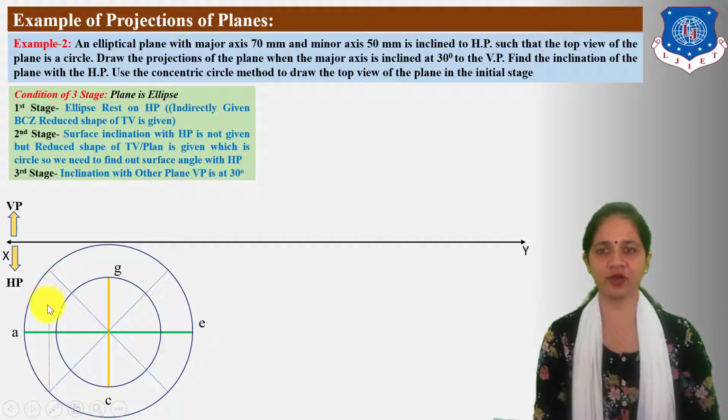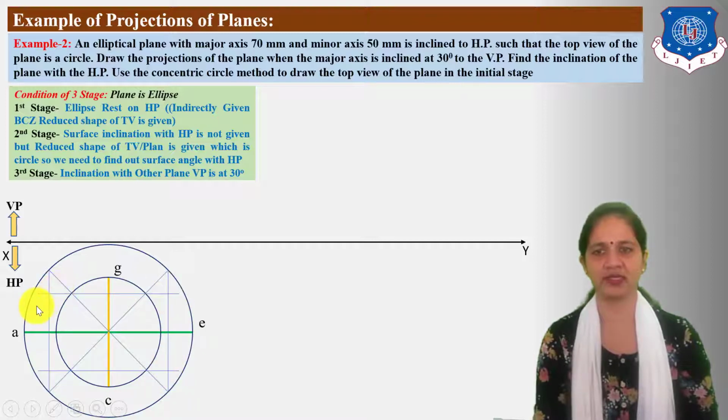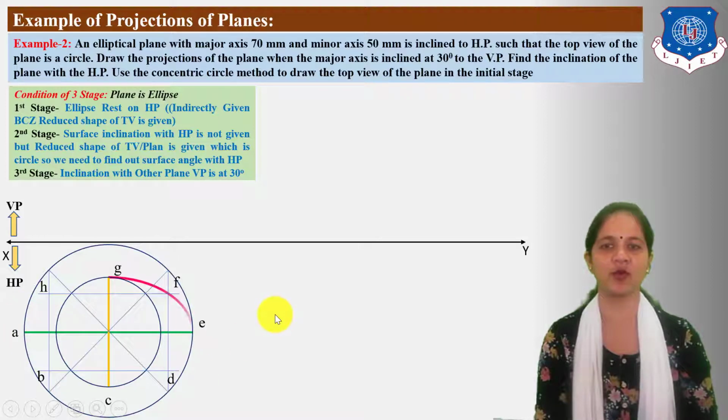Now, draw vertical lines from the major axis division points and horizontal lines from the minor axis division points. Here, these vertical and horizontal lines intersect at points, so mark here B, D, F and H points. Connect A, B, C, D, E, F, G, H in proper sequence in the form of a freehand curve. So this indicates the true shape in top view.